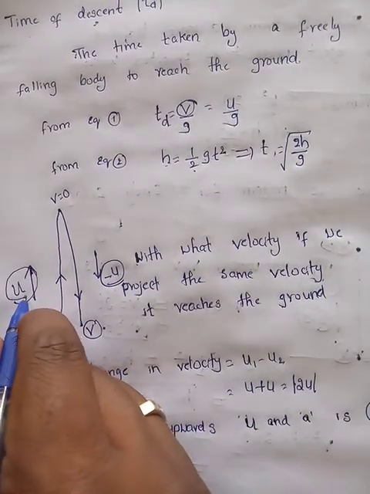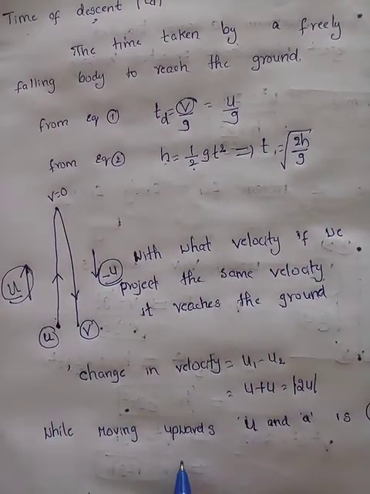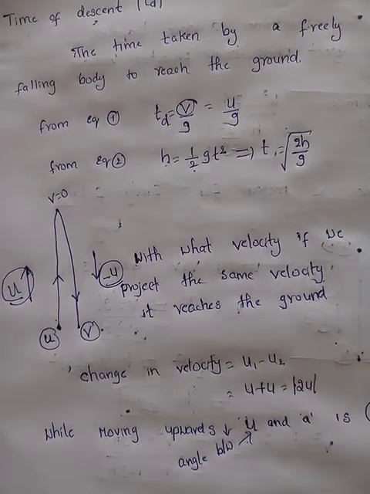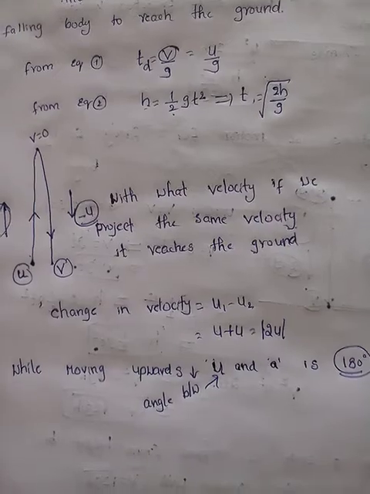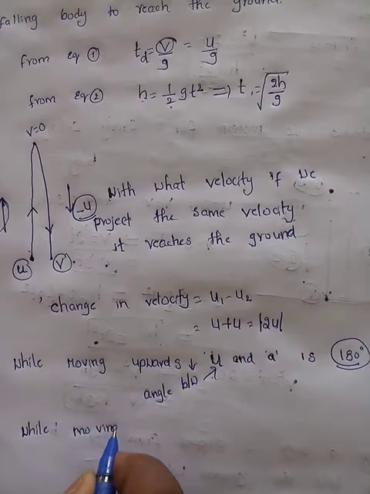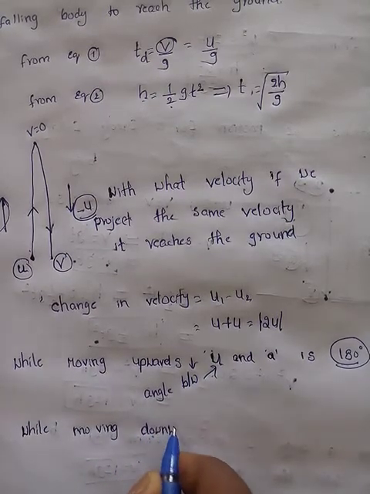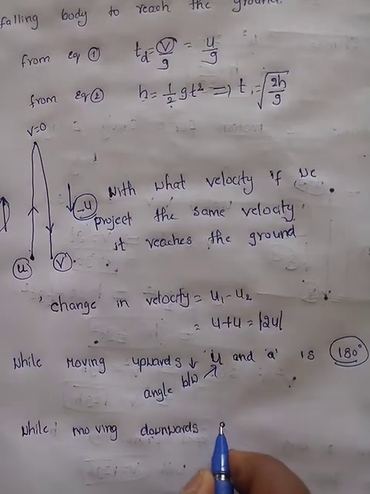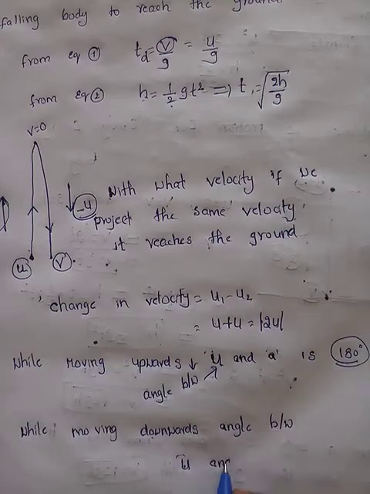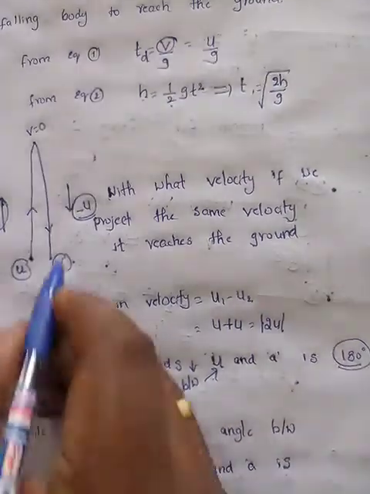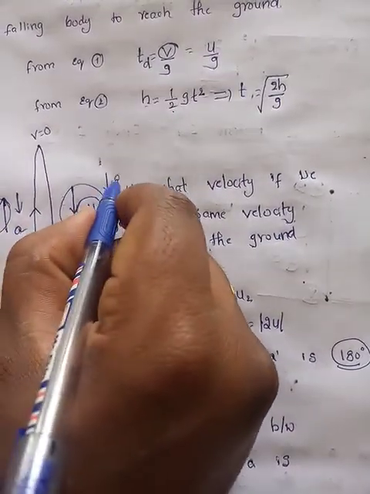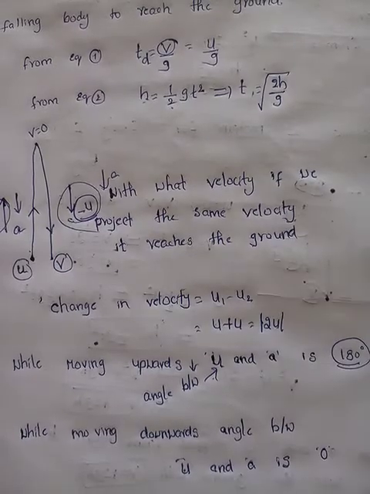While it is moving upwards, velocity is in the upward direction, and both are in opposite directions, so 180. While moving downwards, the angle between velocity and acceleration, how much? Both are along the same direction, right? Here acceleration is downwards, and velocity is also downwards. So both are in the same direction, so the angle is 0.